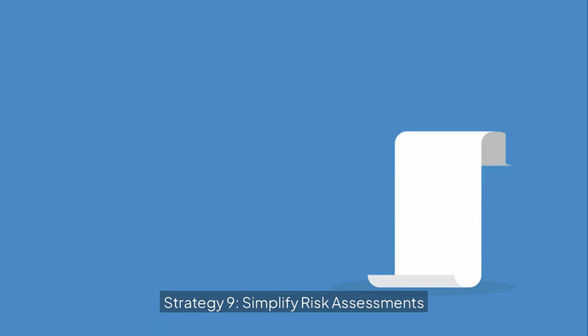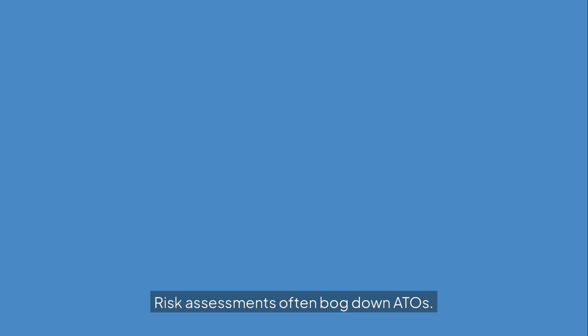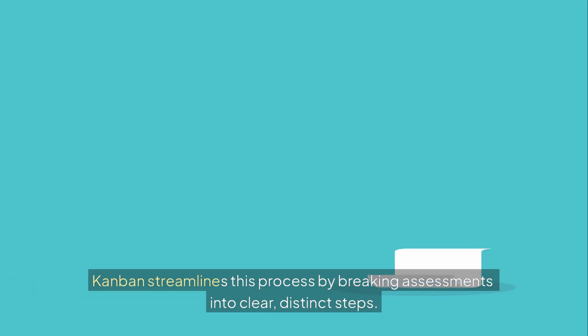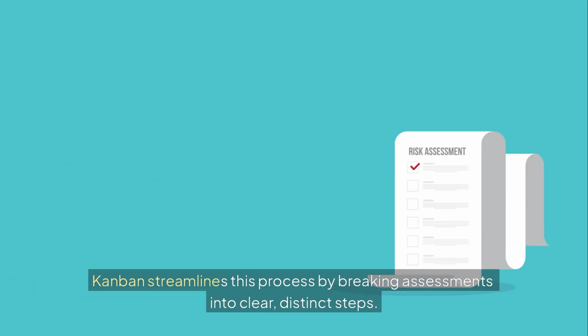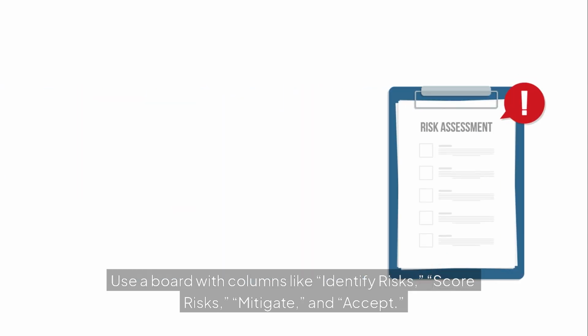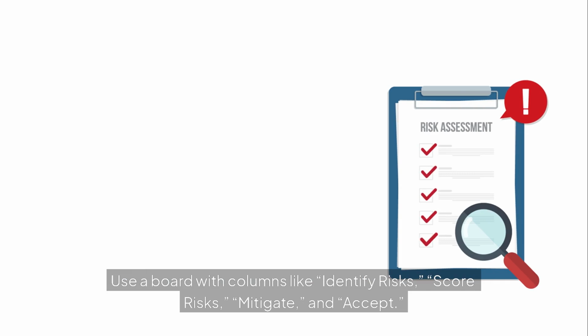Strategy 9. Simplify risk assessments. Risk assessments often bog down ATOs. Kanban streamlines this process by breaking assessments into clear, distinct steps. Use a board with columns like identify risks, score risks, mitigate, and accept.